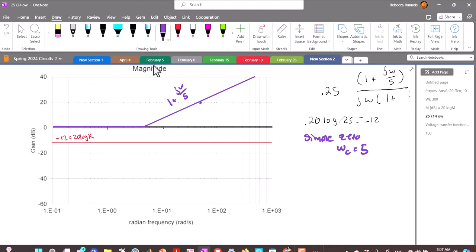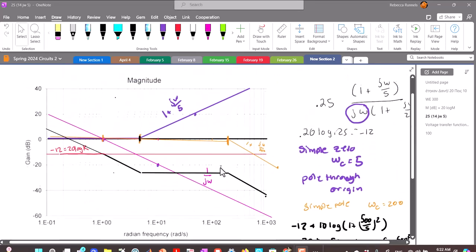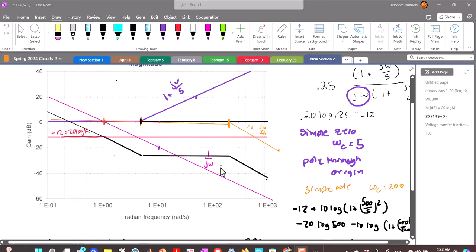Alright, and then we have our pole through the origin. And we had one of those in our last problem. That goes through 1 with a slope of minus 20 decibels per decade. I'm about to make a mistake right here in the recording.